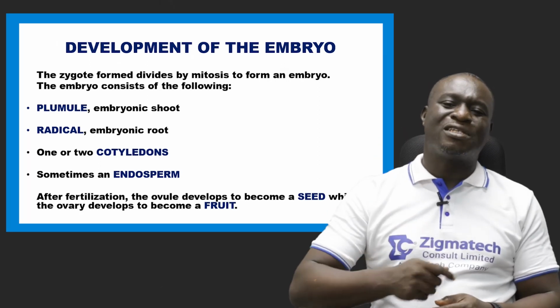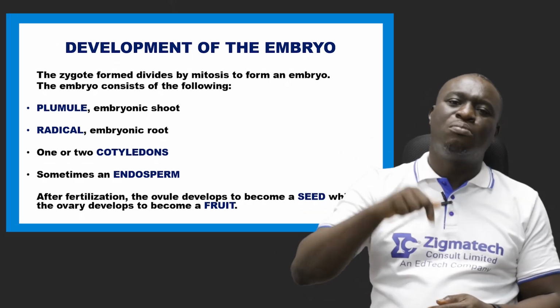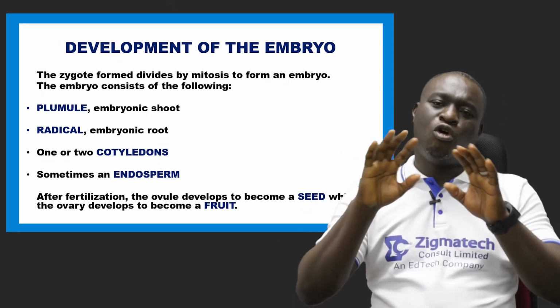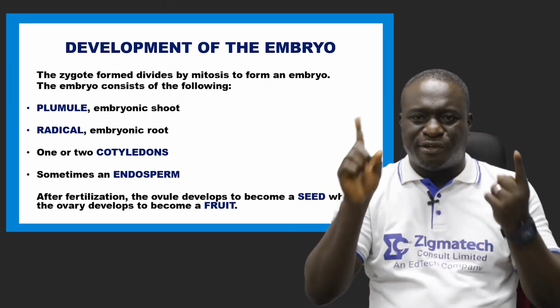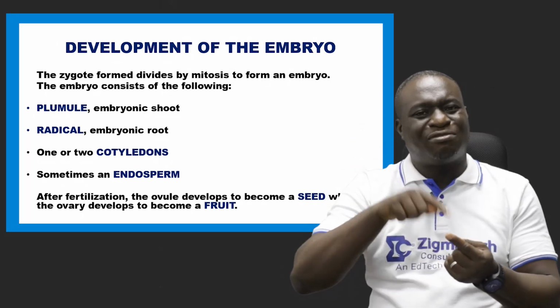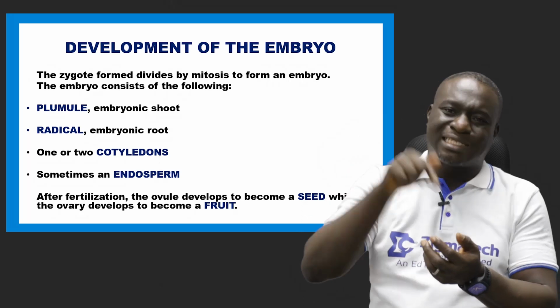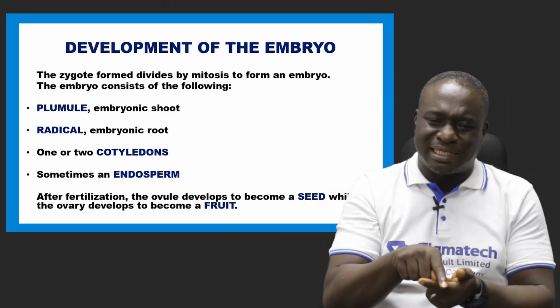But after fertilization, the ovary develops and becomes a fruit. So the ovary, which contains the ovule, becomes the fruit, while the ovule inside of the ovary after fertilization becomes the seed. And then the embryo is found inside the seed.